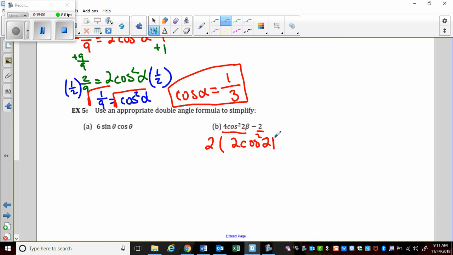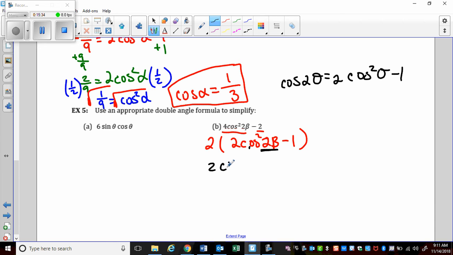So 2 beta minus 1. And then I know that cosine of 2 theta equals 2 cosine squared theta minus 1. And I see this right here: 2 cosine squared, this is my theta, minus 1.